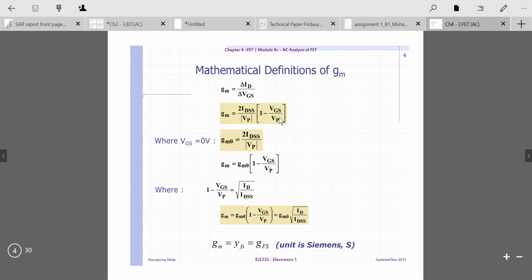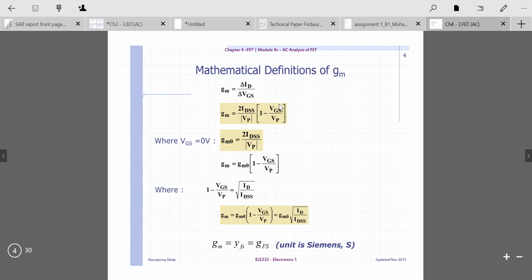So you can see that the derivation actually comes from 2 IDSS multiplied by 1 minus VGS over VP, multiplied by d over d VGS of 1 minus VGS over VP. So from there you will get this formula.